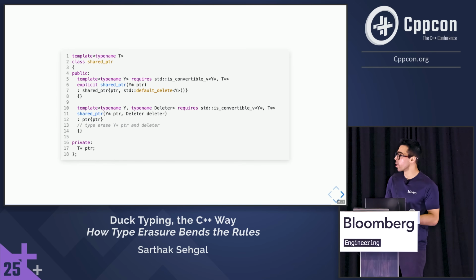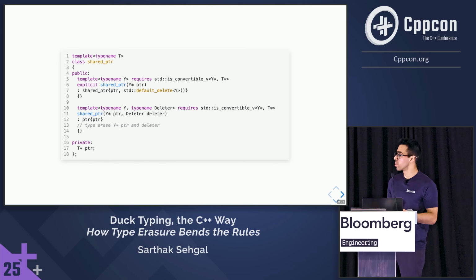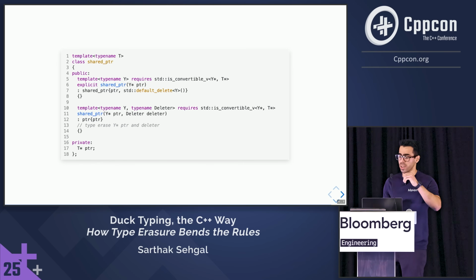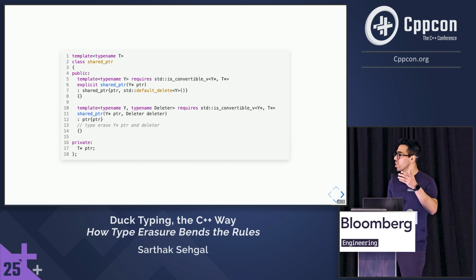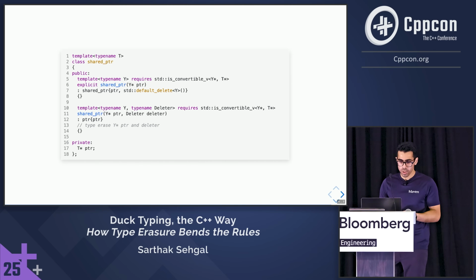The important thing to note here is that the default deleter is now a deleter to type Y, which is the actual object. In a unique pointer, the default deleter was the deleter to the type that you were passing as the template parameter, so that would be default deleter of type T. But in a shared pointer, it's a default deleter of type Y, which is the actual object type. That is how it's able to invoke the correct deleter.